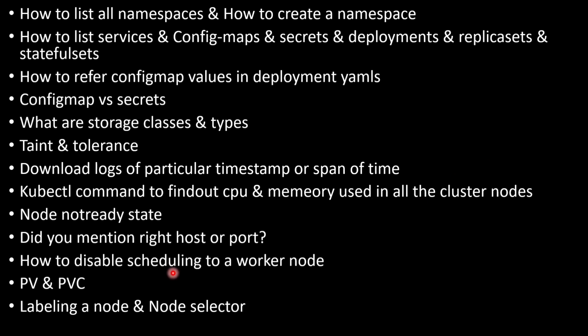If your node is in not ready state, how do you troubleshoot? Let's SSH into the worker node which is in not ready state, maybe because of some storage issue or connectivity issue. Try to troubleshoot in terms of resources and in terms of connectivity.